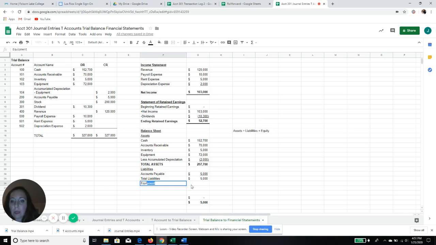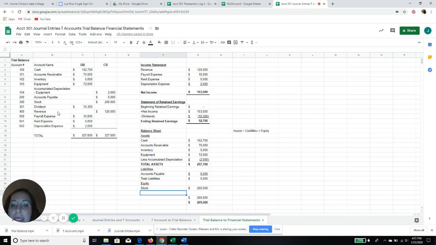Now I'm going to list my equity. And I'm going to start with stock, which is my first equity account. All right, my other equity accounts are going to be dividends, revenue, and expenses.